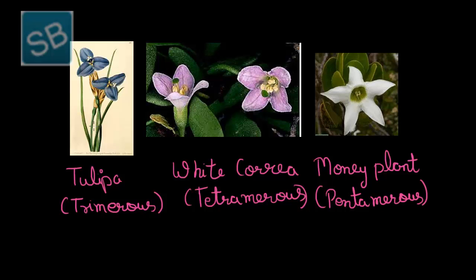This figure depicts the trimerous tulipa flower. This is a tetramerous flower which is known as white correa, and this flower is of money plant, which is pentamerous in nature. And the second type of flower, which is classified on the basis of number of component members in each whorl, is heteromerous.